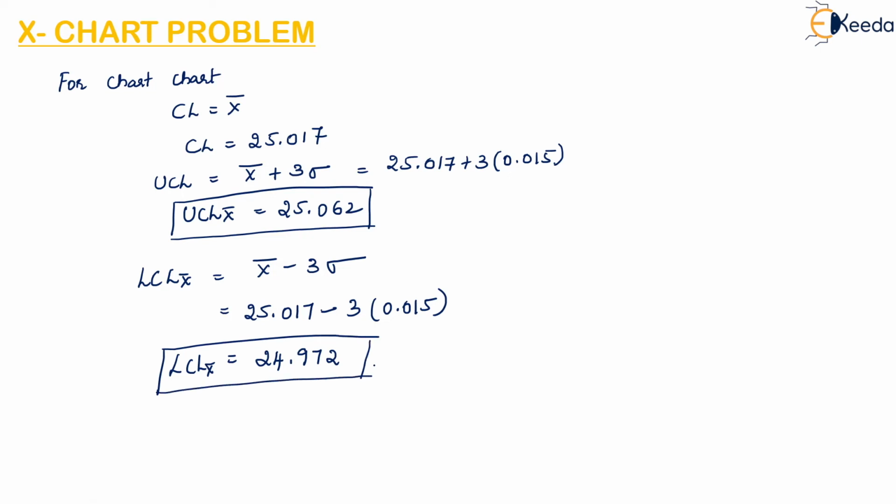So now we will plot the graph. As you can see here, I have already plotted a graph. So the number of components, that is 15, I have taken on the x-axis. So this is the x-axis and this is the y-axis, and here I have taken the dimension.